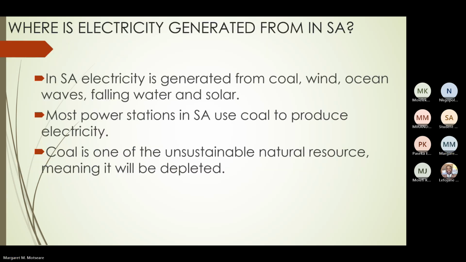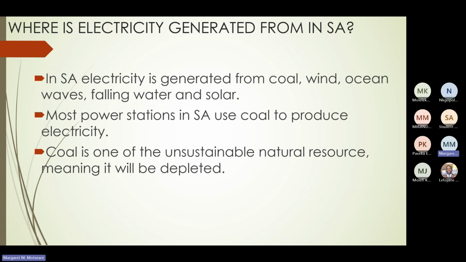And where is this electricity generated from in South Africa? Where do we get this electricity? In South Africa, electricity is generated from coal, wind, ocean waves, falling water, and solar. It means these are the things that electricity is generated from.